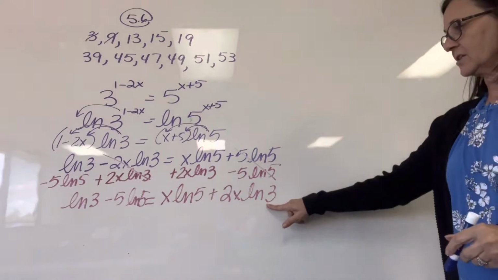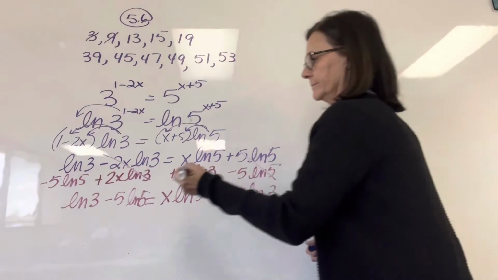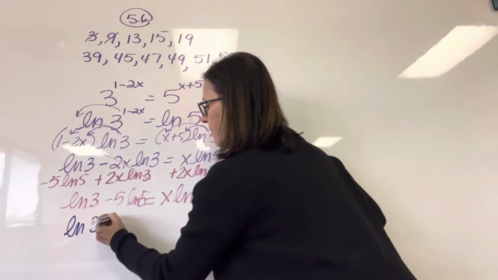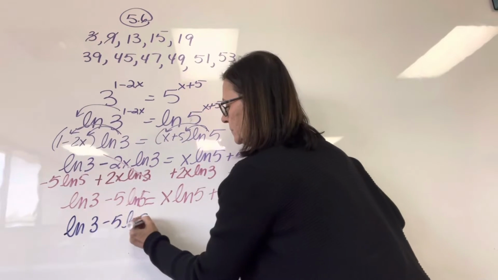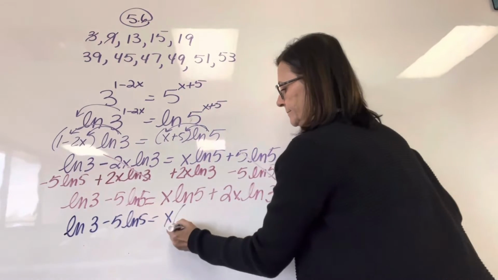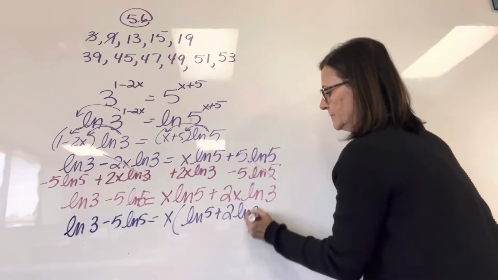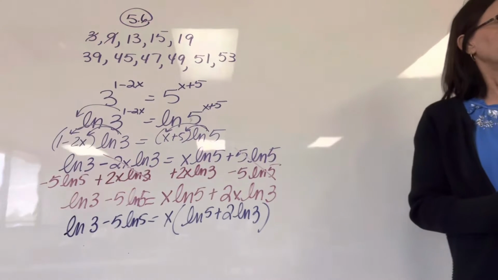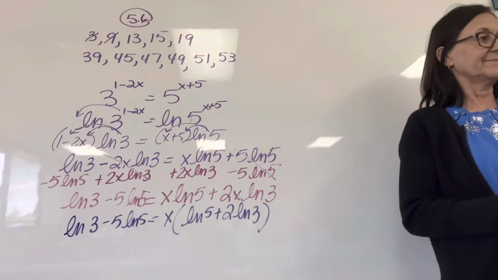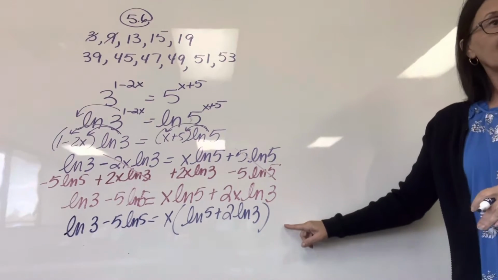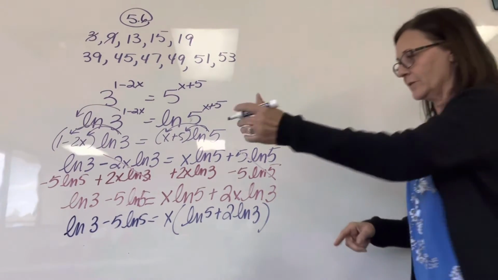Factor out the x on the right-hand side. Now what am I going to do? Divide by everything but x on both sides.